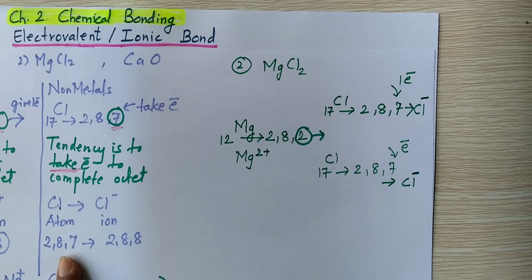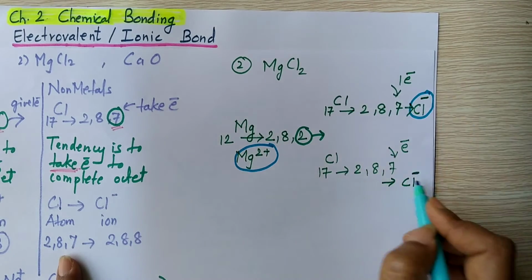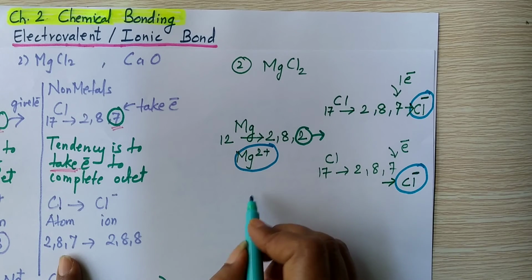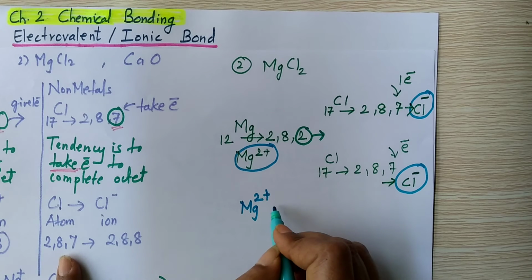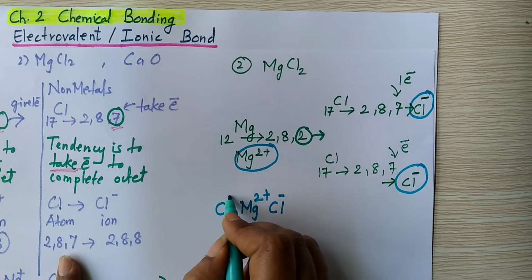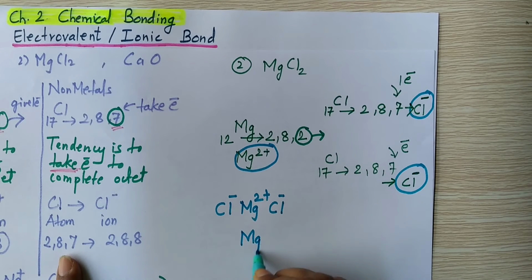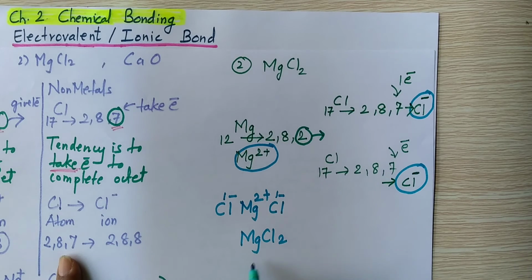Now this Mg2 plus and Cl minus, Cl minus, they all combine together and it forms MgCl2. If you add this, you will get 0.